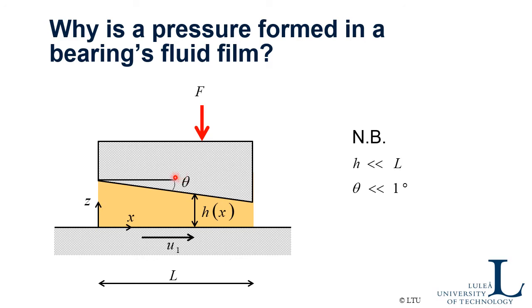So this angle theta here is also a very small number. It's normally much less than 1 degree, even if it is shown with several degrees in this picture. Important is also that one surface is moving. Both surfaces may move, but there must be some motion, otherwise you can't bring any lubricant into the bearing.